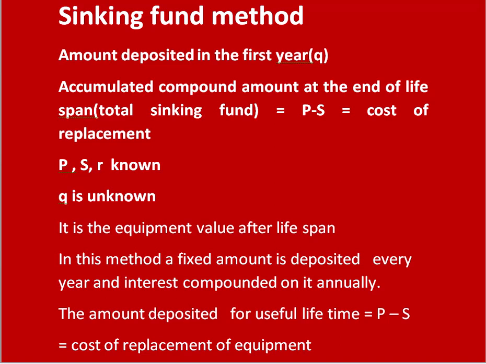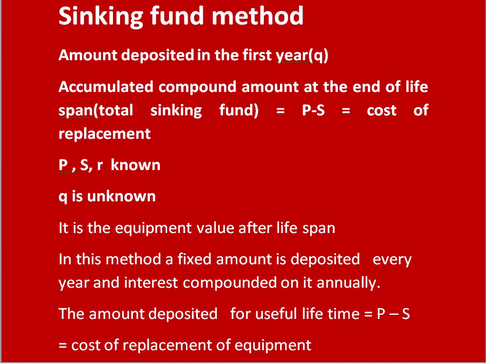Whereas in case of sinking fund method, some amount is kept in the bank, and that amount is called Q, that will be kept in the first year itself. By the end of the first year, the amount deposited Q will get interest.